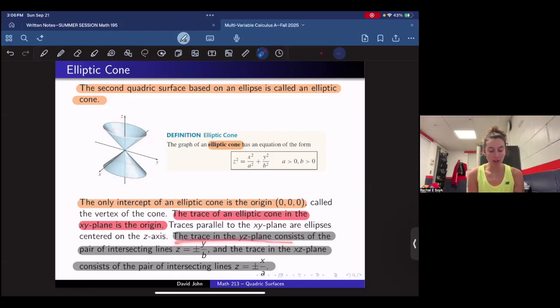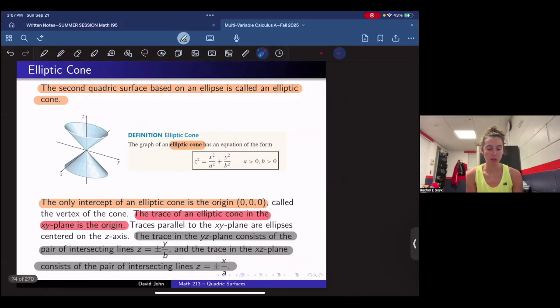The trace in the YZ plane consists of the pair of intersecting lines z is equal to plus or minus y over b. The trace in the xz plane consists of the pair of intersecting lines z is equal to plus or minus x over a.